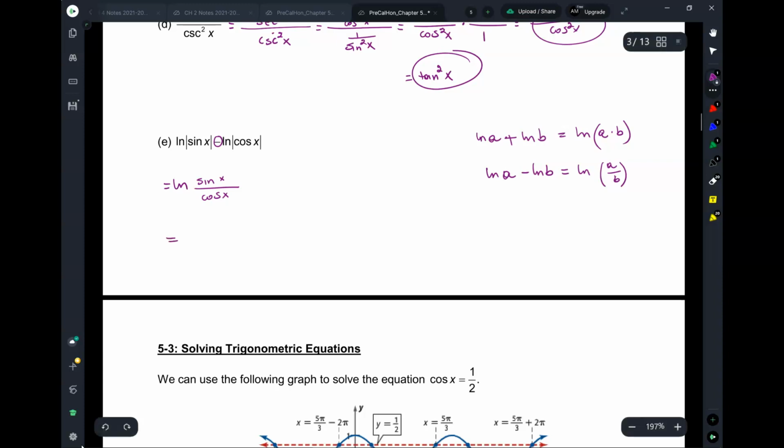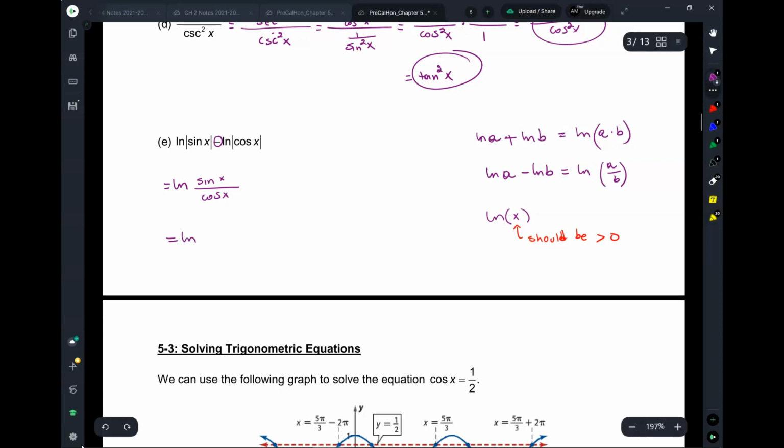Now, what's up with these absolute values? You know why? Because if you have ln of x, that number inside the ln should be greater than 0, always positive. So if there is a chance that it might turn out to be negative, you have to put absolute values around it.